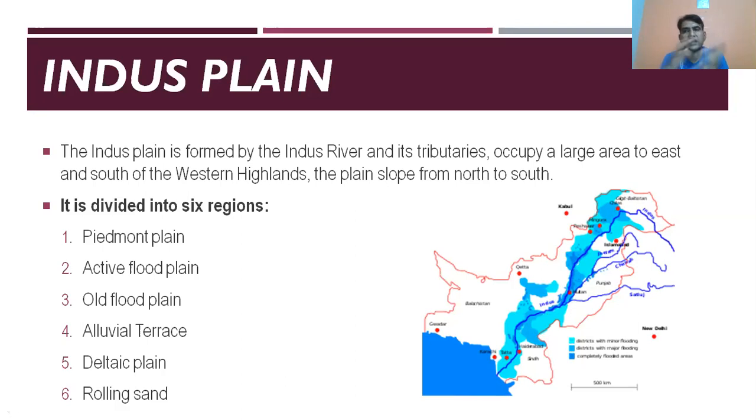It is called the food breadbasket of Pakistan, the area which provides food to Pakistan, because this belt is based on agriculture. It is full of fertile land, and that fertile land supports agriculture.